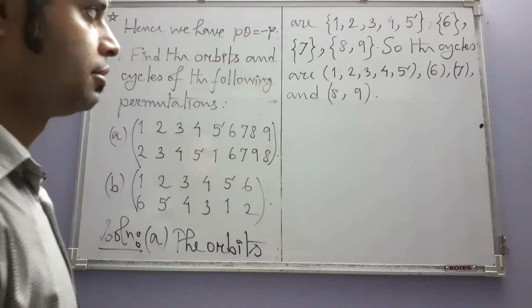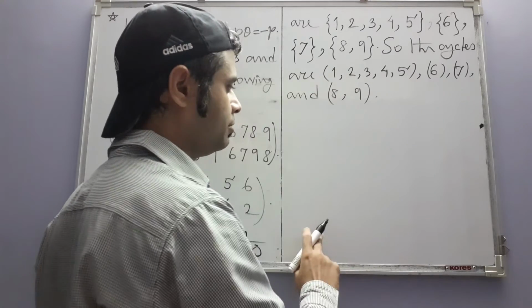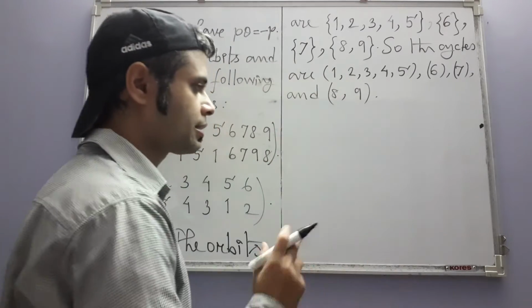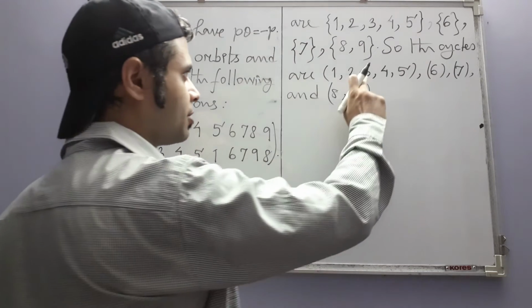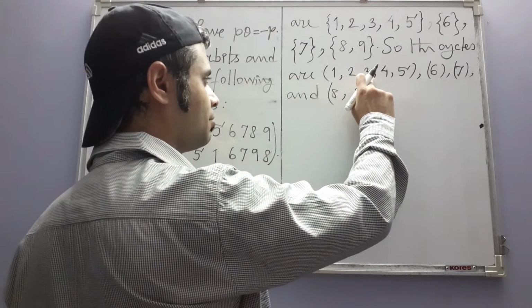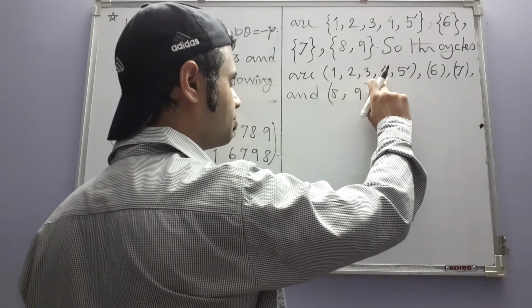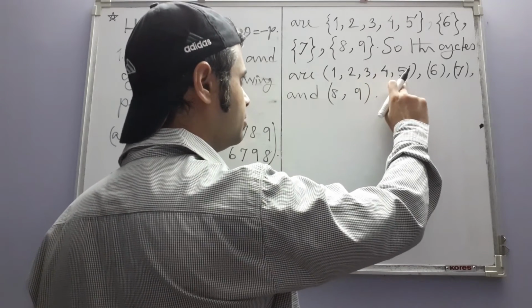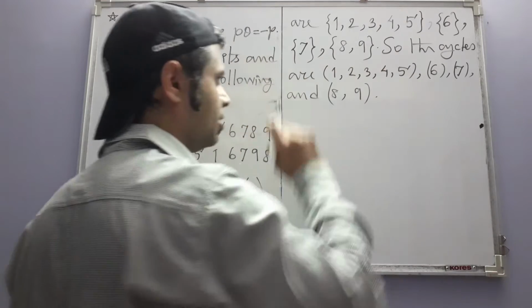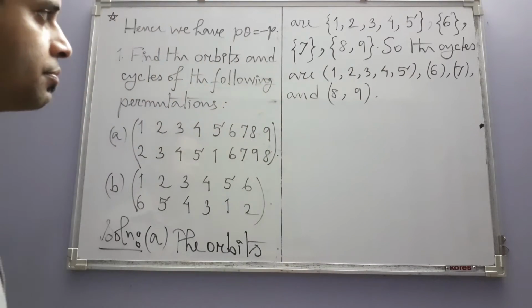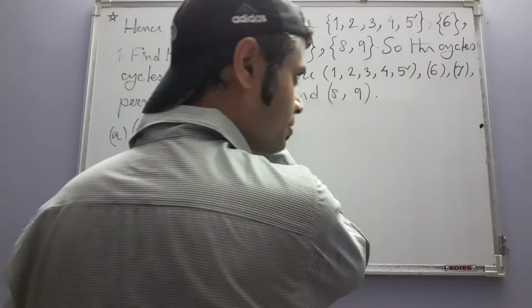Not in a linear way, but in a cyclic way. The cyclic order should be maintained. Even if you write 1 here, there is no problem, but after 1, 2 has to appear. After 2, 3, and then after 3, 4, 5, and then 1.